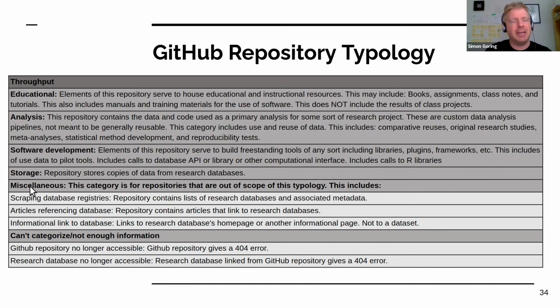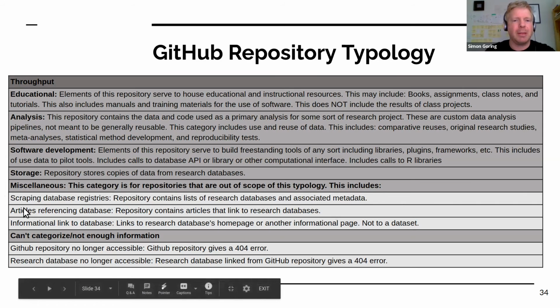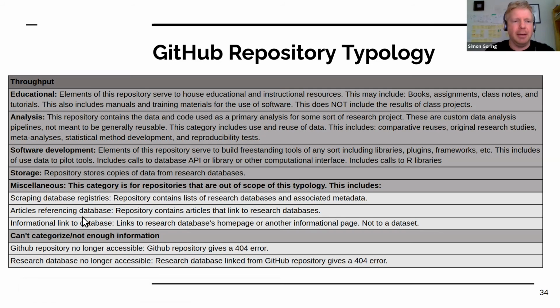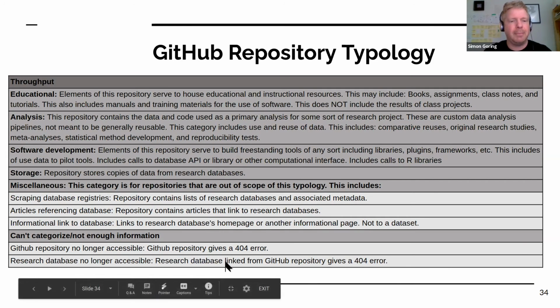And then we have a set of other repository types. So scraping databases, scraping repositories. So there's a lot that are just like scraped Wikipedia stuff. Are they articles? Are they informational links? So like someone's home web page. And then obviously 404 issues, stuff like that.